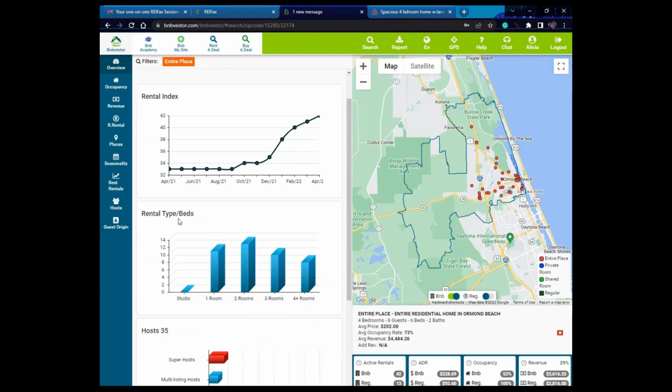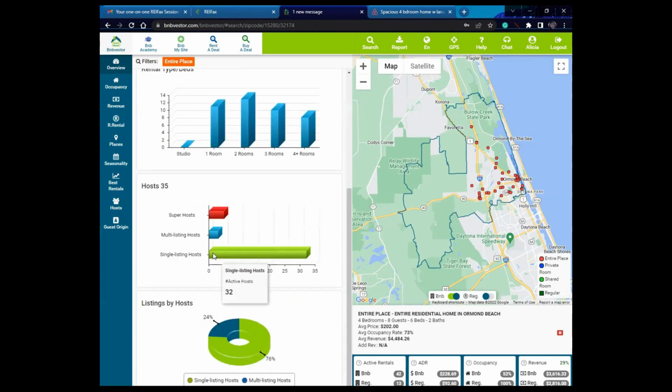Again, the rental type that are the best are the 2 bedrooms. However, the 1 bedrooms, 3 bedrooms, and 4 bedrooms are not that far away from the top one. The one that is really quite low is the studio ones. And again, we have a lot of single hosts, in this case 32, and very little multi-listing and super host.